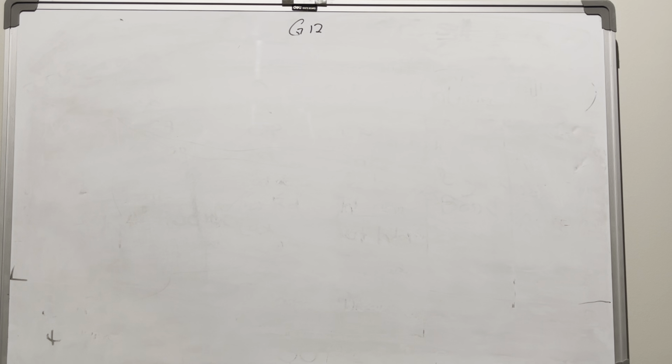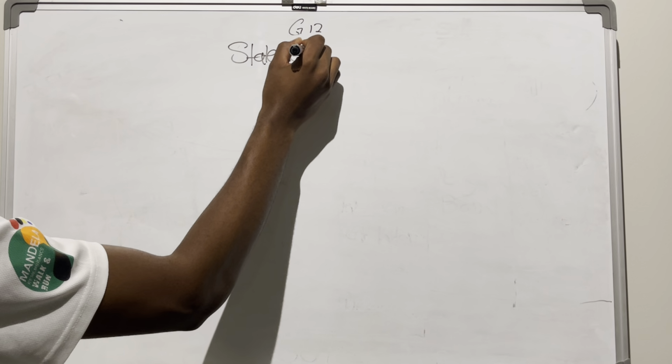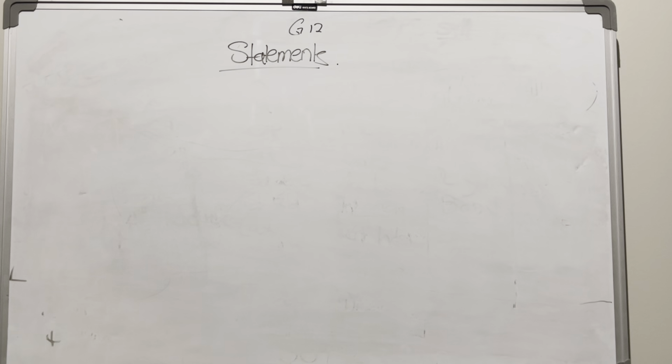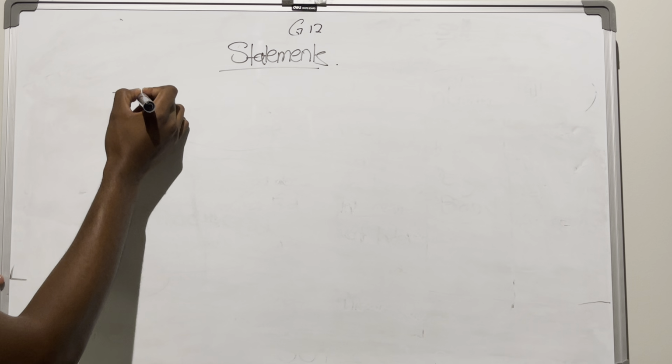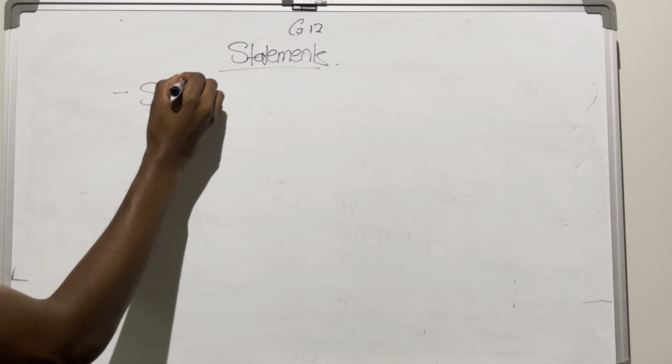Now we're going to look at your statements. Can you name them quickly? There is 4 major statements that you need to know. It is your statement of profit or loss.